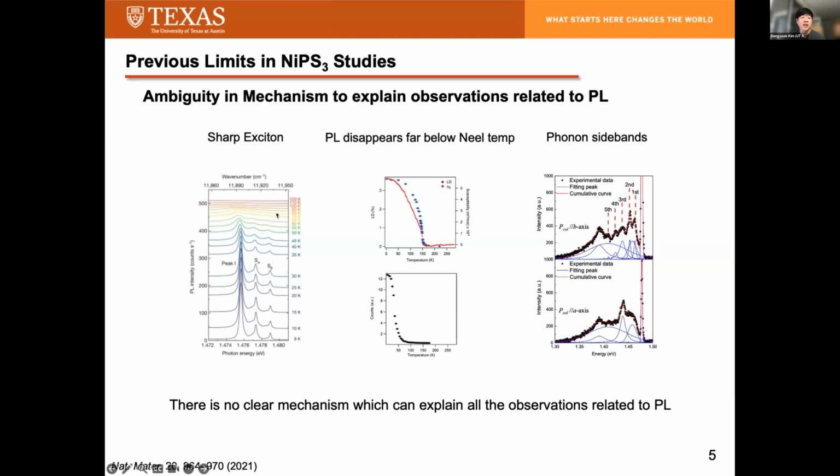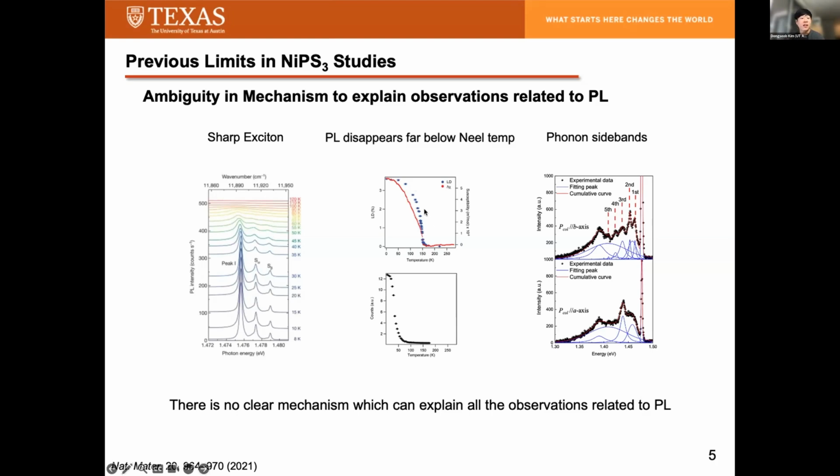One example is that the PL peak in NiPS3 is very sharp, with a linewidth of less than 1 millielectron volt. Usually that doesn't happen in semiconductor systems, where the linewidth is broad. So with that picture, it is somewhat hard to explain the origin of the sharp exciton peak.